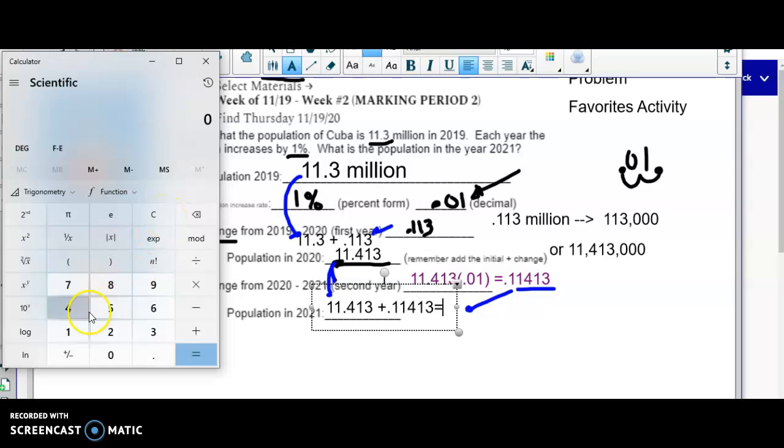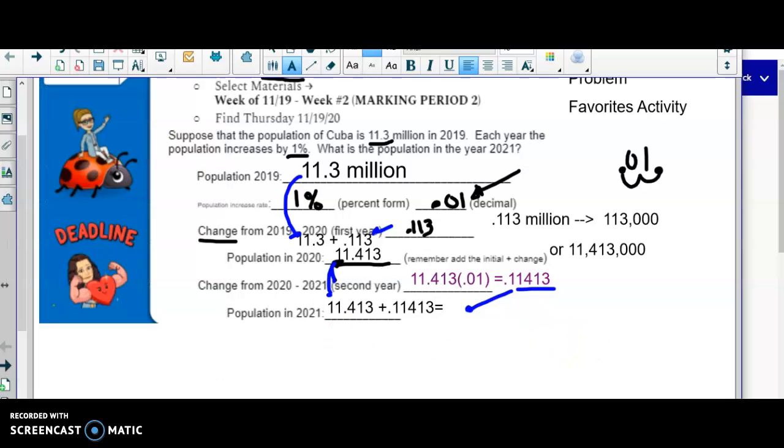So let's do that again: 11.413, with my decimal in the right spot, plus 0.11413. I keep doing that, so let's stop that. 11.413 plus 0.11413.